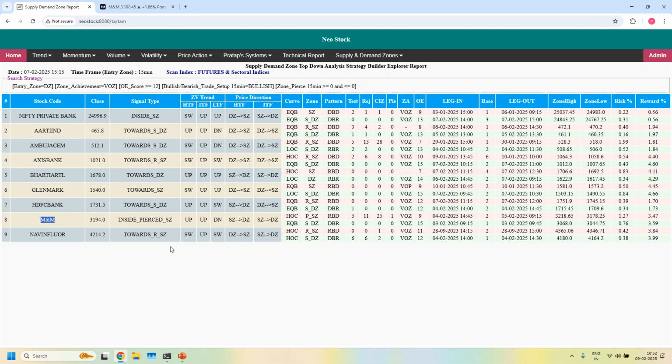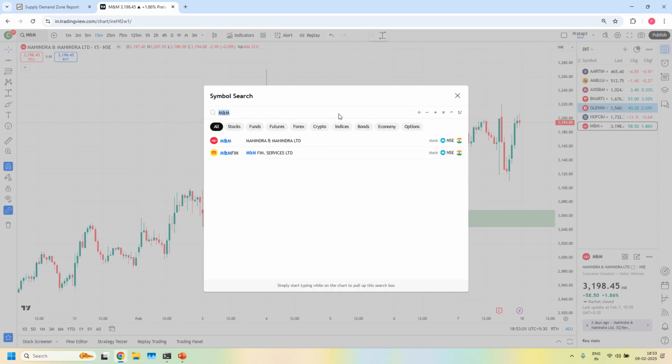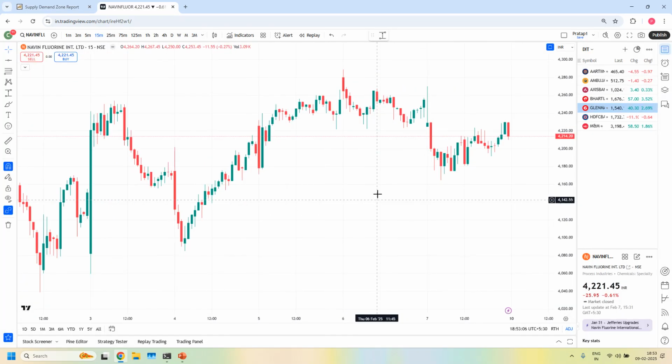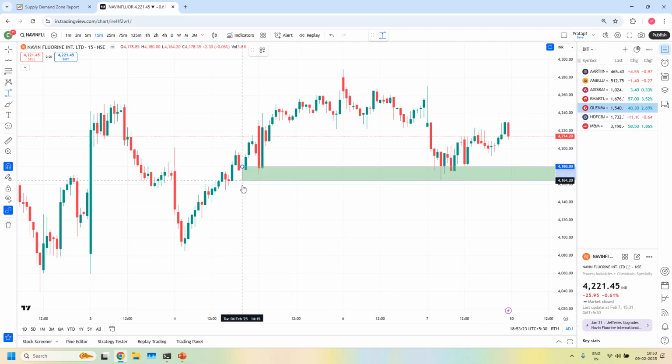And the next one is Navin Fluorine. Navin Fluorine is also high liquidity zone. This is on 4th February, 14 hours, one base candle. This is the one, drop base rally.